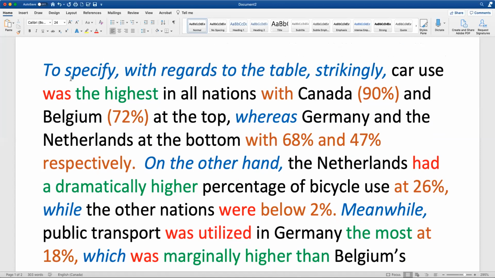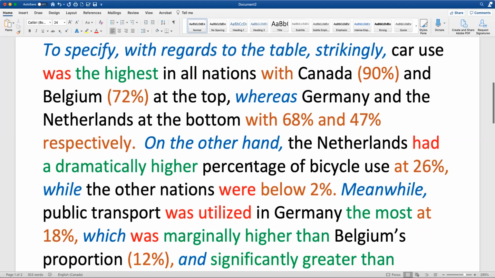Okay, Andrew, let's get to the other one. On the other hand, the Netherlands had a dramatically higher percentage of bicycle use at 26%, while the other nations were below 2%. Okay, and then we talked about the public transport.